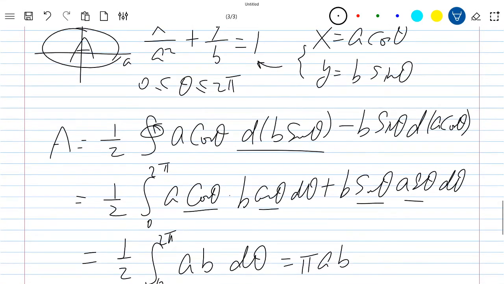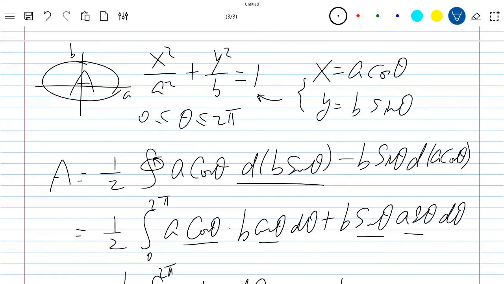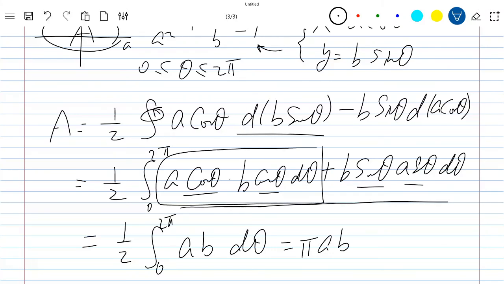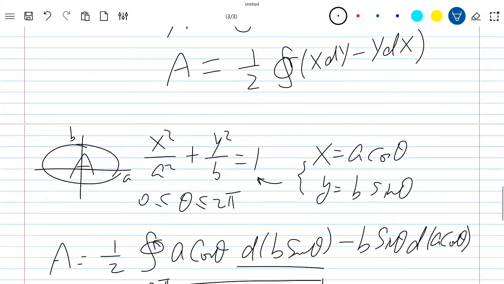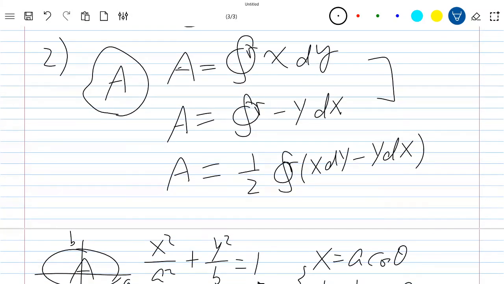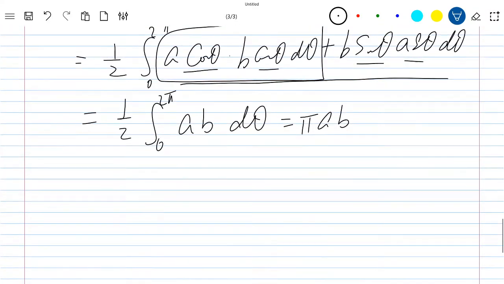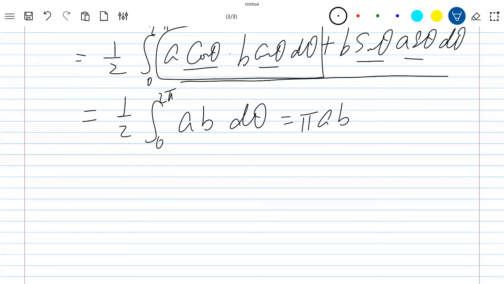You can see this integral is particularly simple because we have cosine squared plus sine squared equals 1. If you only use half of that, of course, you can still get the same result, but then you have to use the double angle formula. So we can use either the first one or the second one or the third one to get the area. And it can also be used to find the area of a polygon, but we will not do it here.